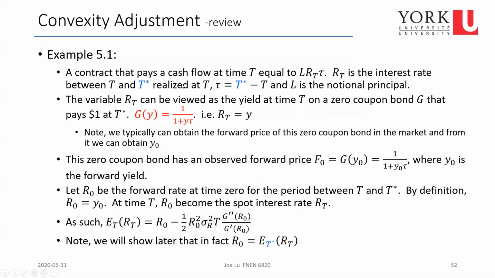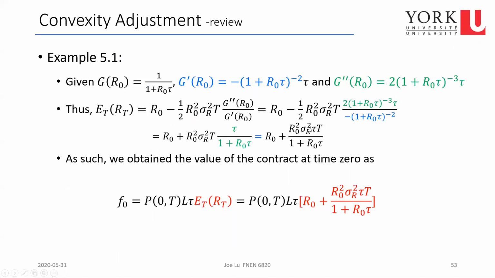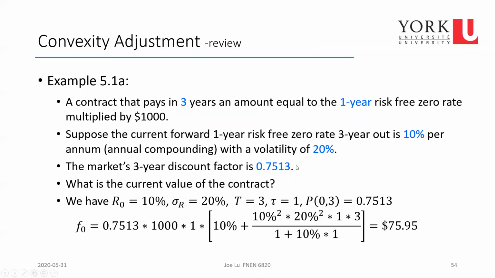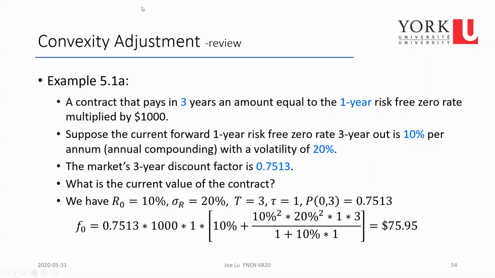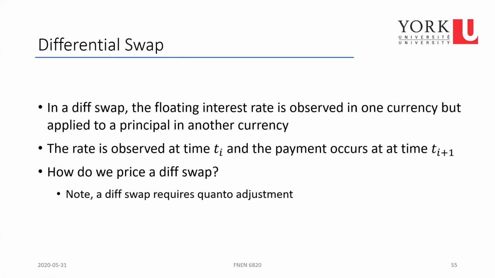And also review the convexity adjustment we have. From then, we can calculate the prices of the CMS. And CMT is calculated in a very similar fashion. Now, next, we're going to talk about differential swaps.